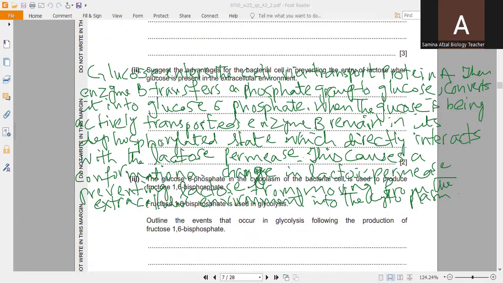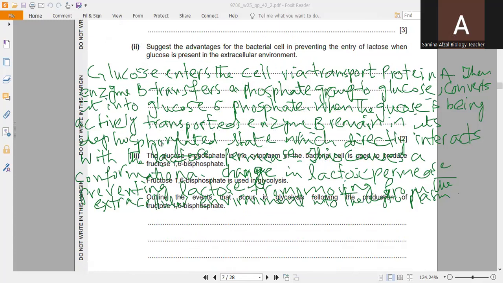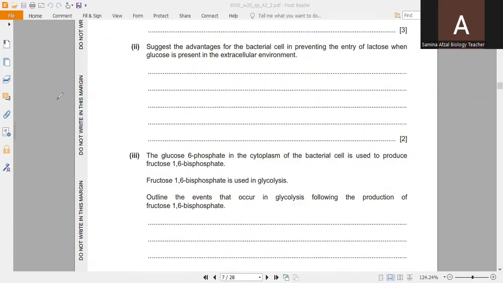Now part two of this question is: suggest the advantages for the bacterial cell in preventing the entry of lactose when glucose is present in the extracellular environment. So the advantages can be that more energy will be available, less energy will be wasted, and the amino acids will also not be wasted.